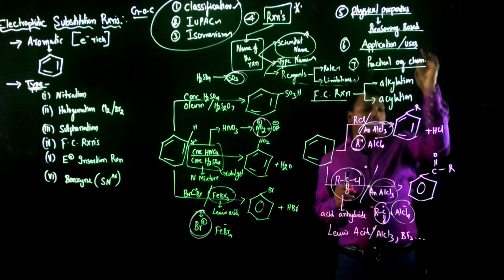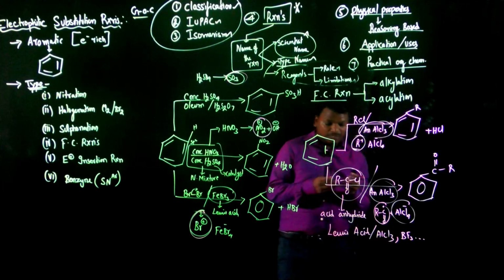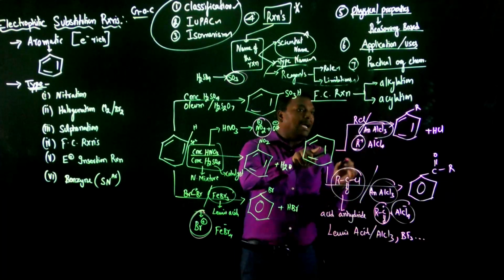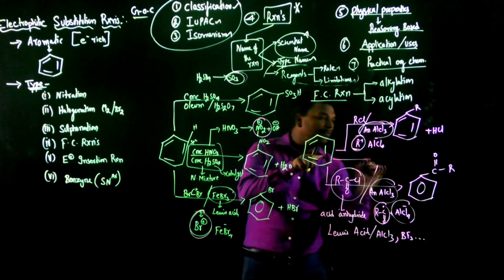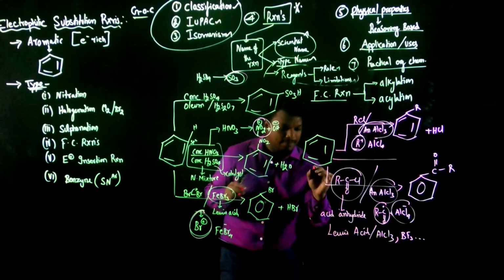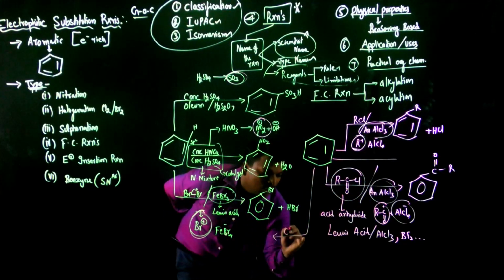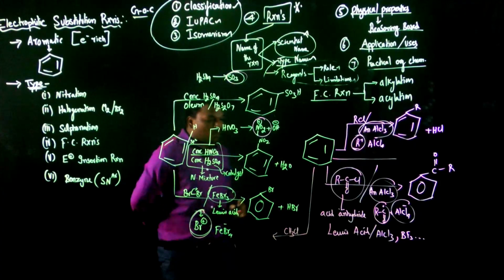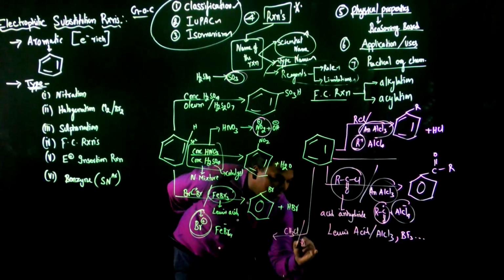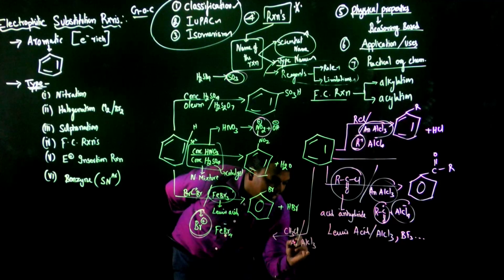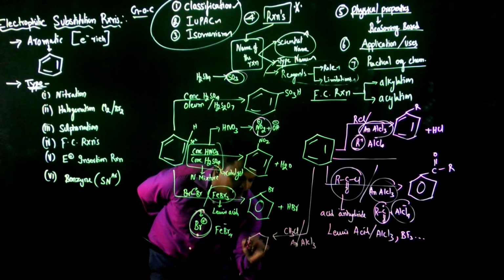Okay. Now I'll take benzene. Let me discuss few examples. In alkylation, generally we might have seen some reactions in your textbook. Maybe they will take an ethyl chloride on treatment with anhydrous AlCl3.